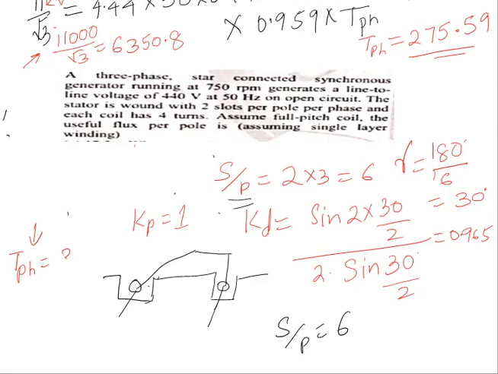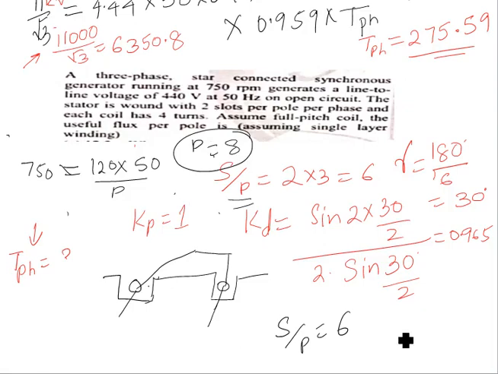The speed is given as 750 rpm, right? So 750 rpm is equal to 120 f, f is 50 hertz, by p, the number of poles. From here you will get poles equal to 8. Number of poles is 8.